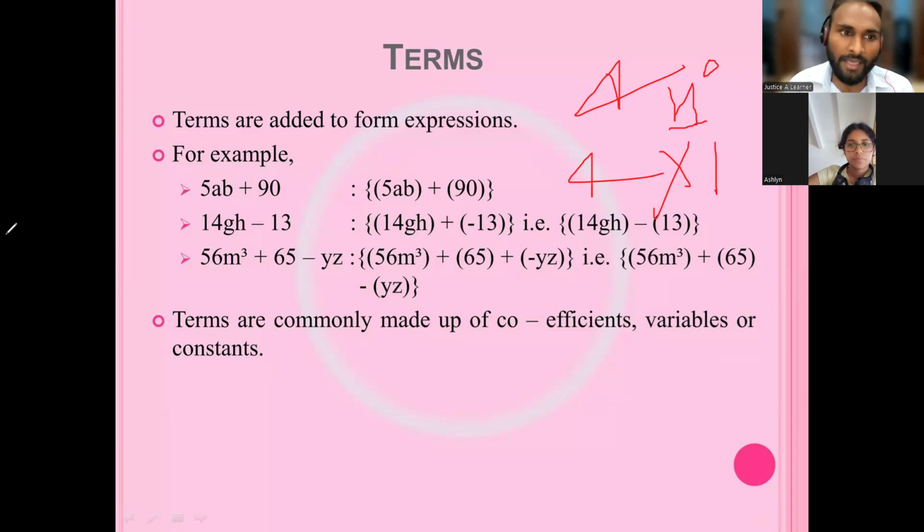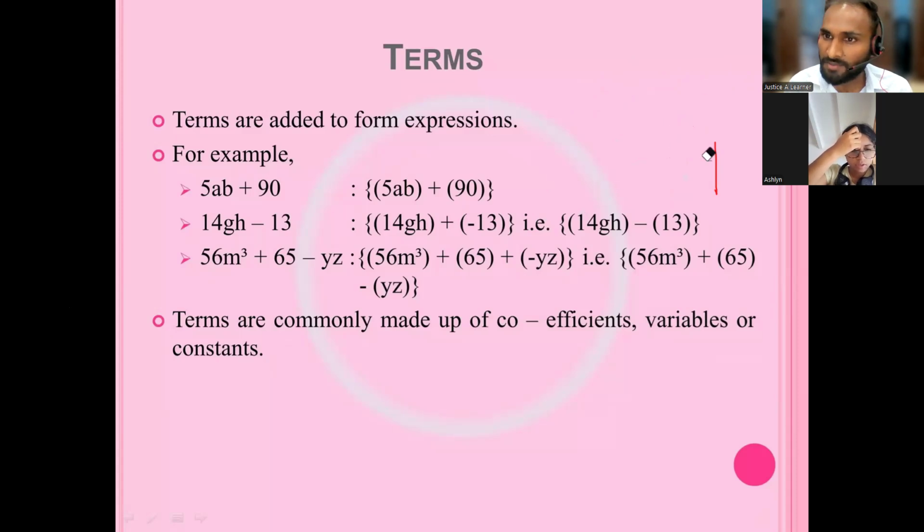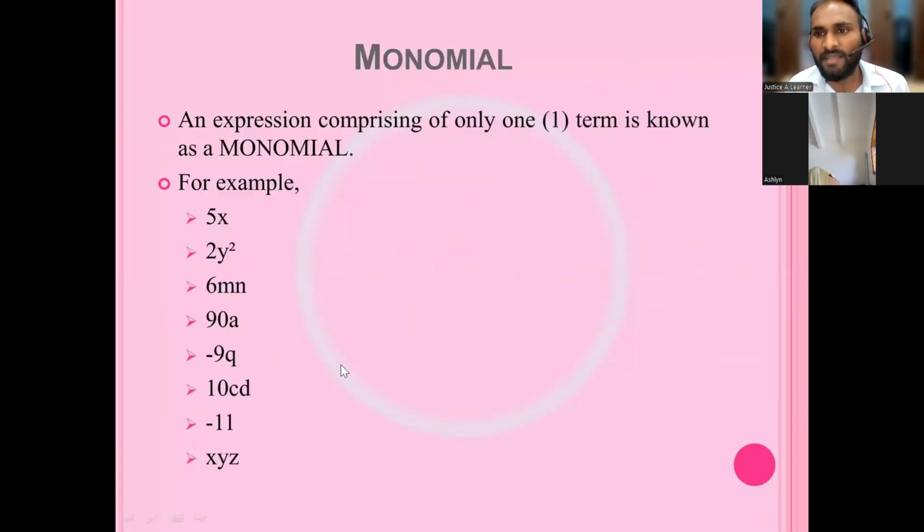Do you understand? Even a number that is constant only may also come as an algebraic expression. So this notion should be broken out: that if any number is not having a variable, then it is not an algebraic expression. No, this is incorrect. Any algebraic expression can be in the form of a constant too, right? Like here you can see this example, -11.